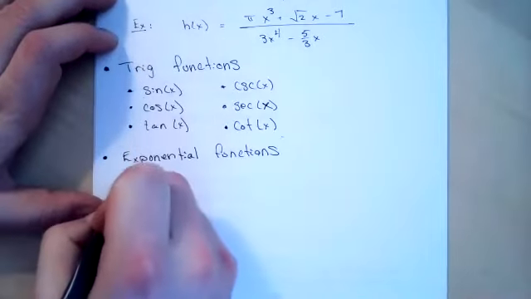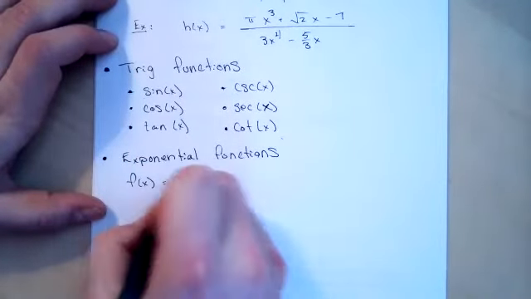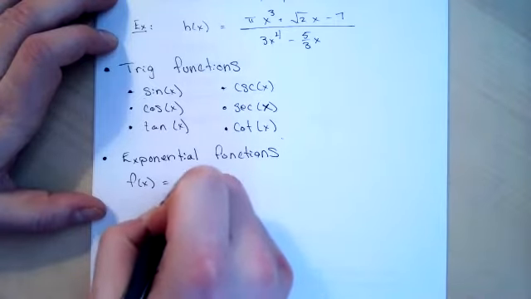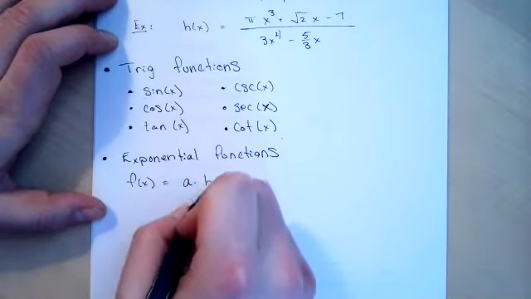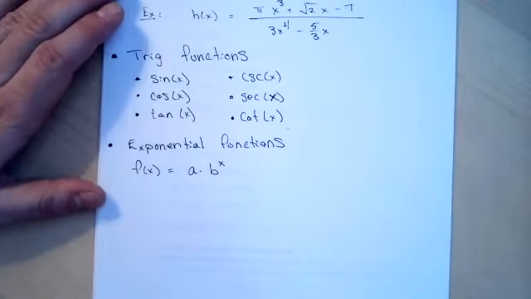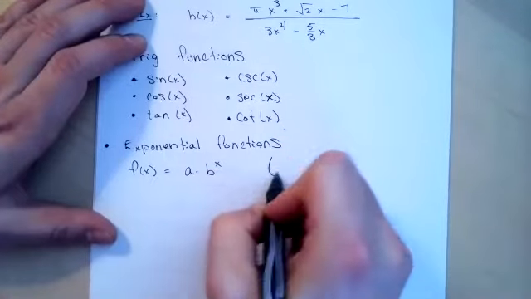Exponential functions, though, are going to be functions of the form f of x equals, there are a lot of different models for this, let's say a times b to the x. In applications, you'll see all sorts of different types of variables.